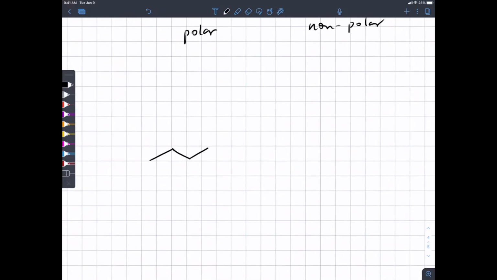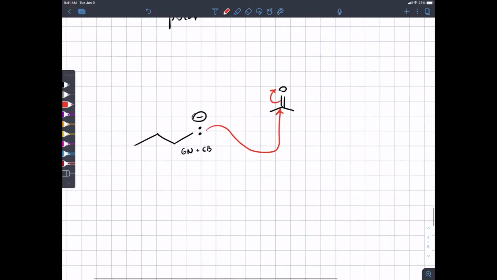I'm oversimplifying it, but you're going to see a reaction where a carbon nucleophile, something that is both a good nucleophile and an exceedingly good base, attacks the LUMO of a carbonyl. It attacks the carbon and you break the pi bond. That's not important until 352.